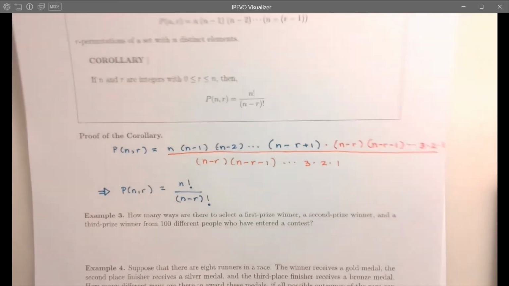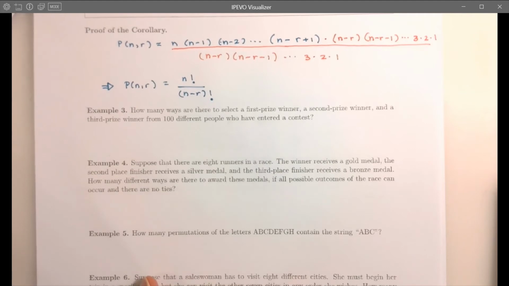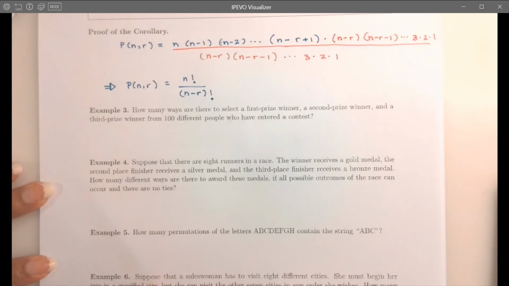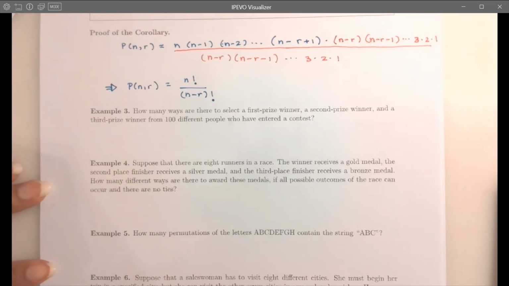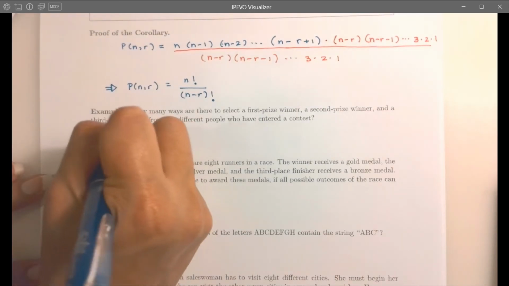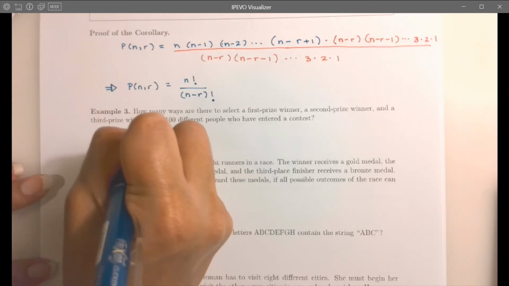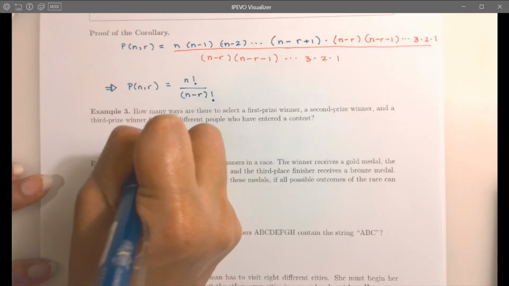Okay, so now we're going to apply that with example number 3. How many ways are there to select a first prize winner, a second prize winner, and a third prize winner from 100 different people who have entered a contest? If we use the theorem by itself, this would be P(100, 3), right?